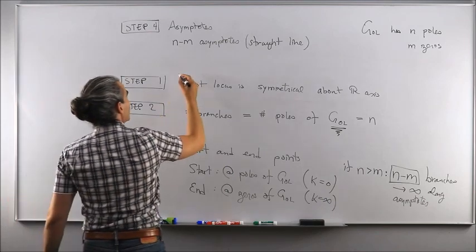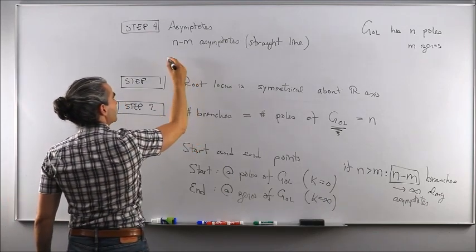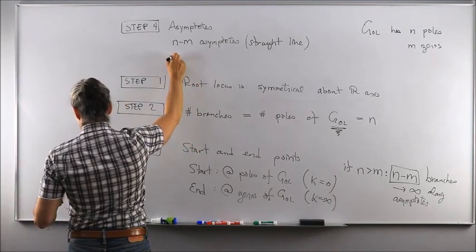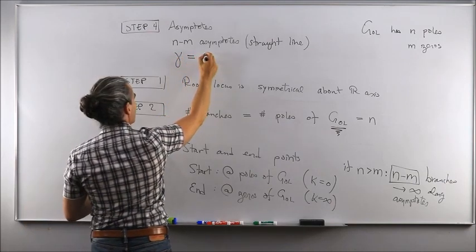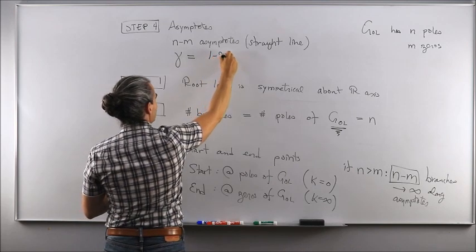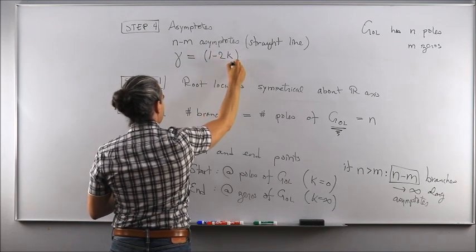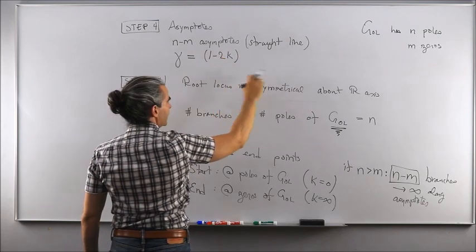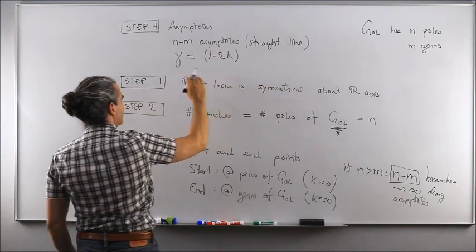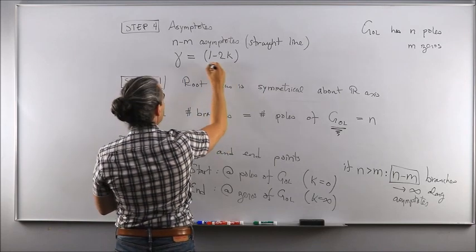The way that we're going to measure the orientation of those asymptotes is that we're going to calculate an angle denoted by gamma, and that gamma will be equal to (1 plus 2k) over (n minus m), times pi, because this is an angle. Here k is just an index, not related to the static gain of the open loop transfer function in any way, shape, or form.